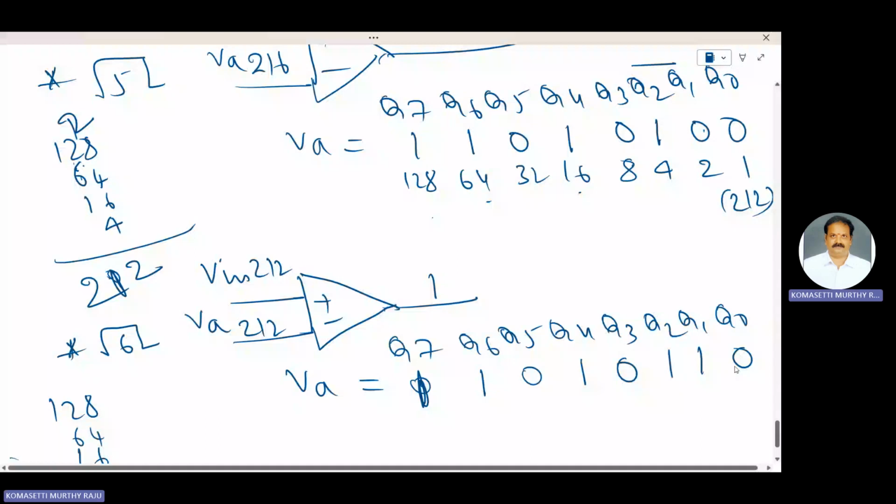So the SAR adjusts the bits Q6, Q5, Q4, Q3. This one is 1, 1, 0, 1, 1, and it changes to 0. Find out this one.